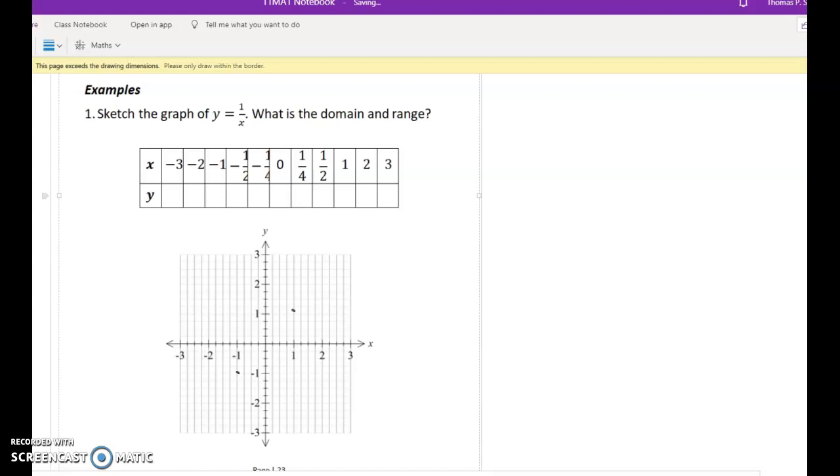And the shape that you get in the first quadrant is a bit like what we had before. So without plotting the points, it's going to get a shape like this, and then a mirror image one down the bottom there. And so there is our basic hyperbola, y equals 1 over x.